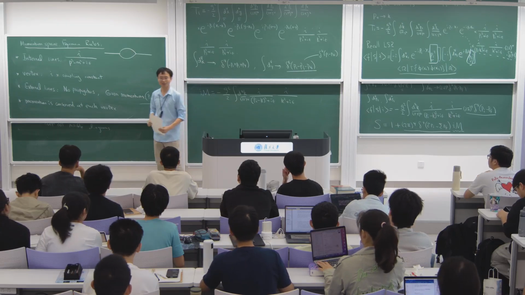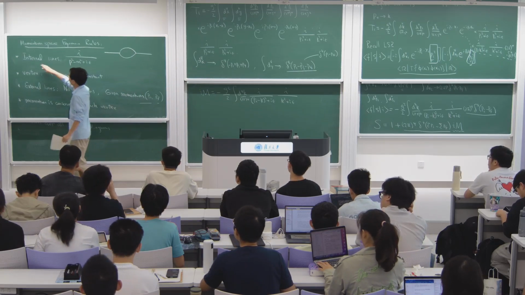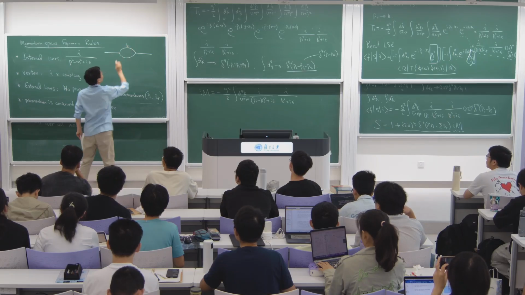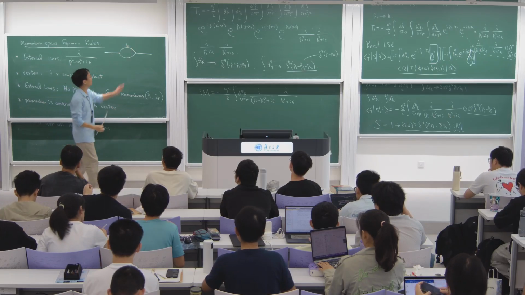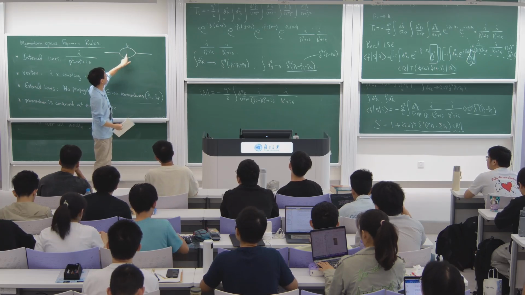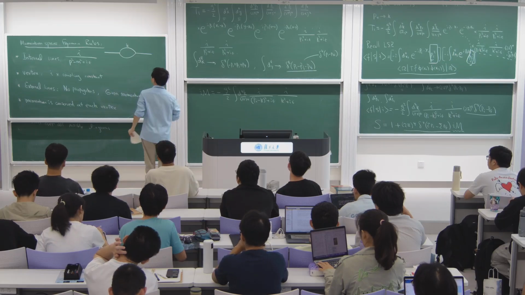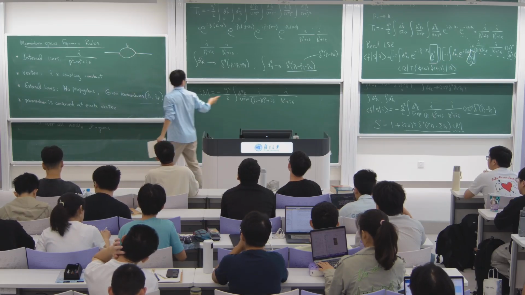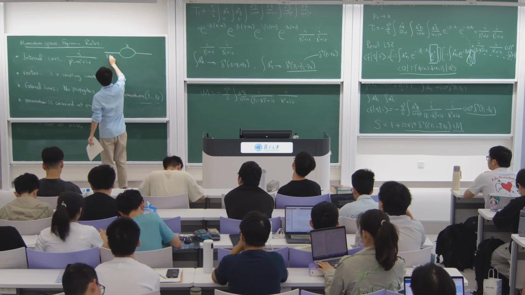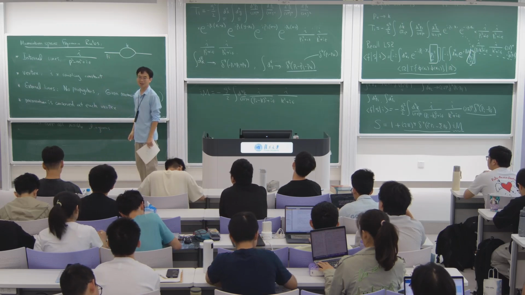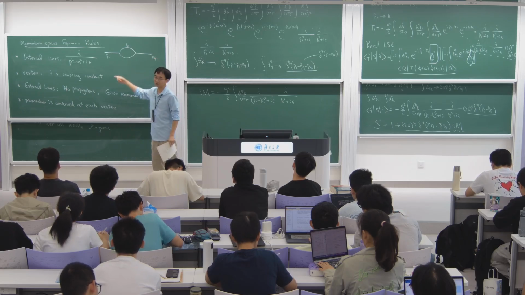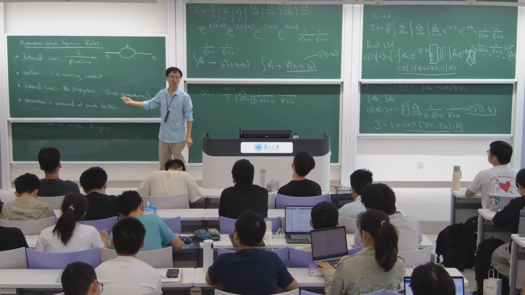Okay, let's do it. For each internal line you have to assign a momentum. Let me assign this as k. Okay, this means the internal lines, not the external lines. For the internal line I have a k here. Then I have two internal lines, so basically I have two propagators. The point is, because I have a pi here and a pf here, actually because of conservation, pi equals pf, it's not independent.